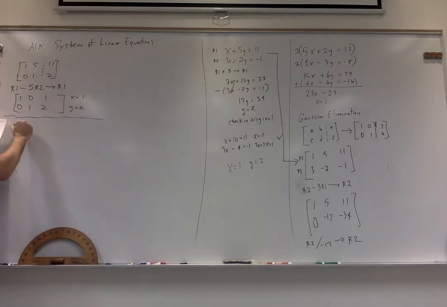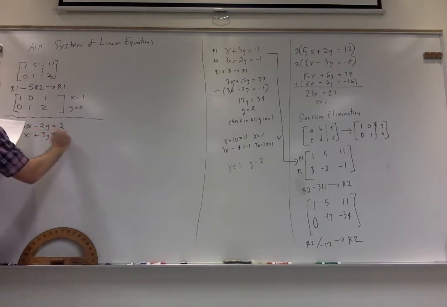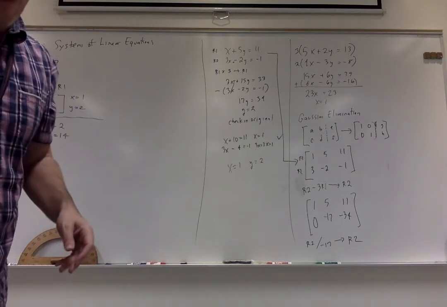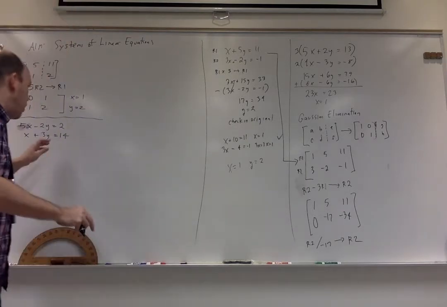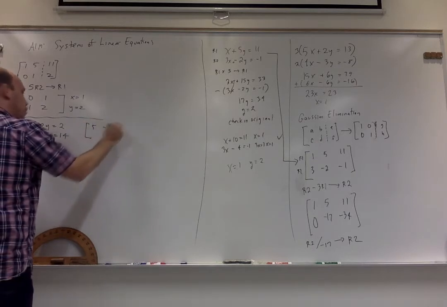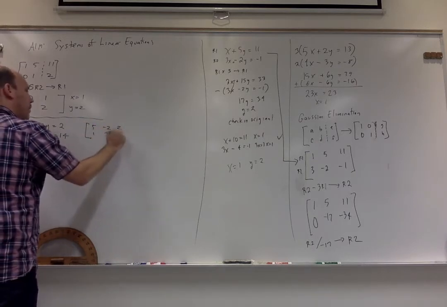Next, x. 5x minus 2y equals 2, and x plus 3y equals 14. Okay, so your first thing is to say, don't write this down. Your instinct is, okay, 5, -2, 2, 1, 3, 14.